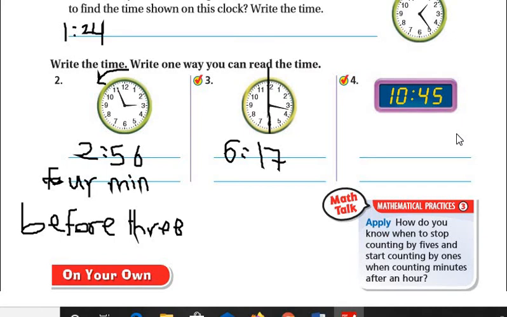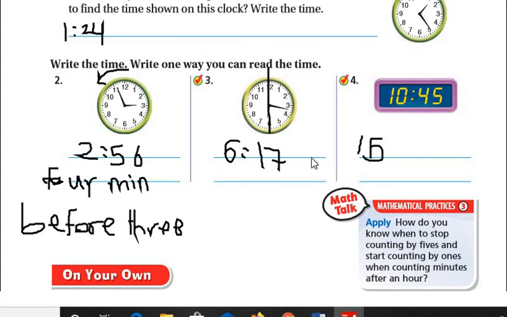We know to complete an hour it means 60 minutes. So let's count after 45, skip counting by 5s. 45, 50, 55, 60. So how many 5s? 1, 2, 3. 3 5s, it means 15.